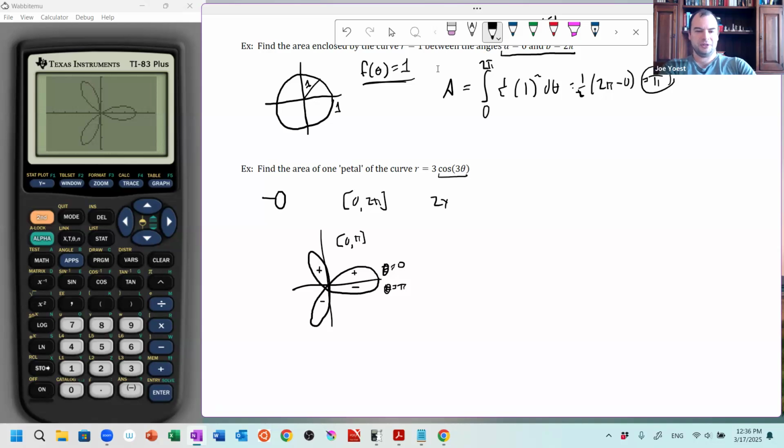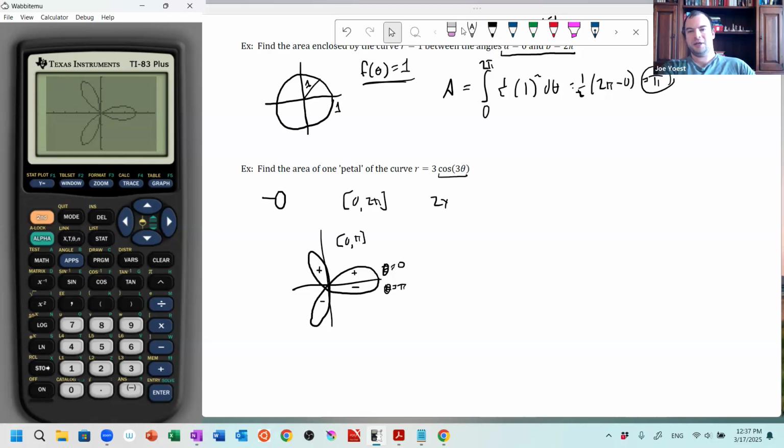But one thing I might be able to do is go from maybe say like negative pi over 2 to positive pi over 2. We graph that and see what that looks like. That's looking a little better, right?